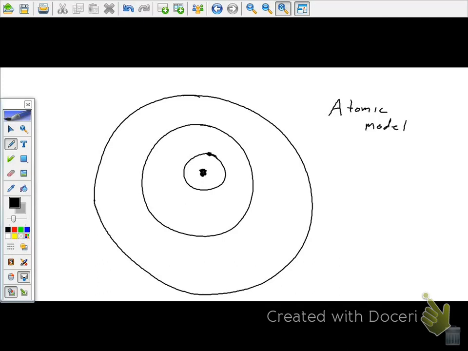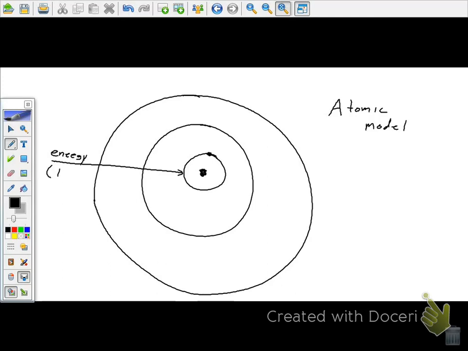So here I'm showing an electron as really, really specific, and it helps us understand a little bit about how certain spectrum lines are given off. So if I take this electron and I supply energy to the atom, let's say this line represents energy going in, and that could be different types of energy.